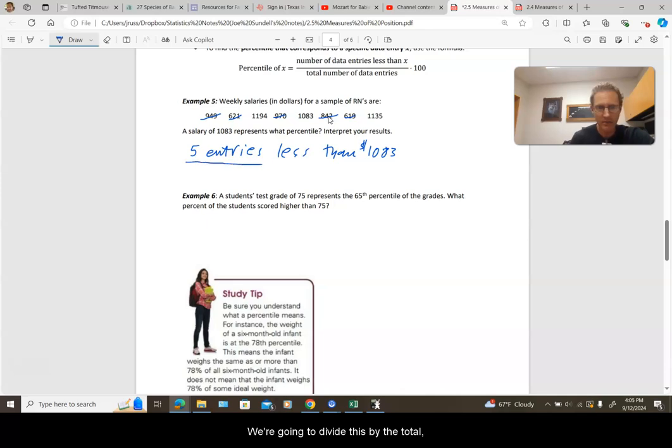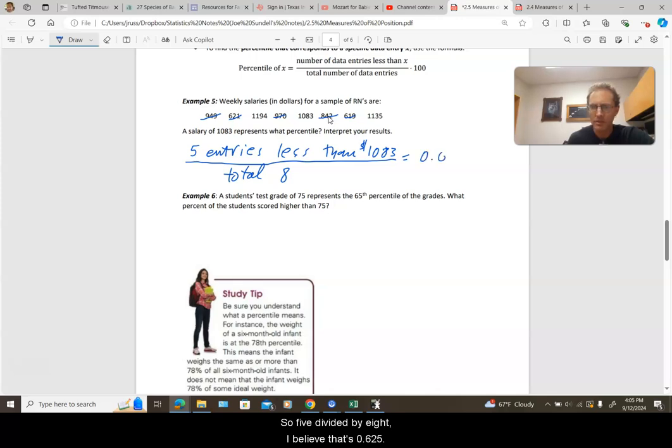And we're going to divide this by the total number of data entries, and the total is 8. So 5 divided by 8, I believe that's 0.625. And if we multiply that by 100, we are going to get 62.5%. So you could say the 62nd or the 63rd percentile.